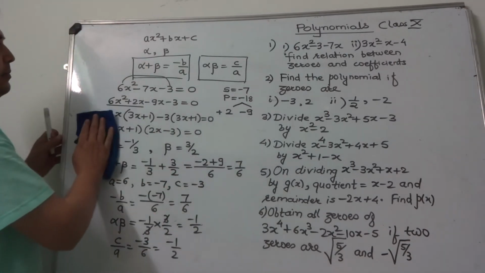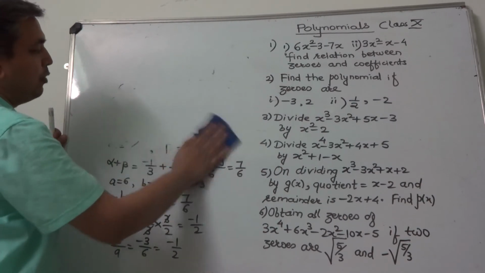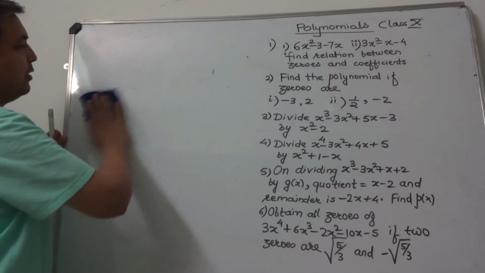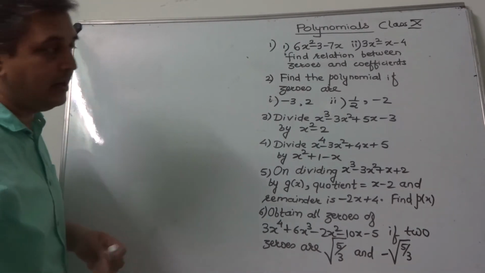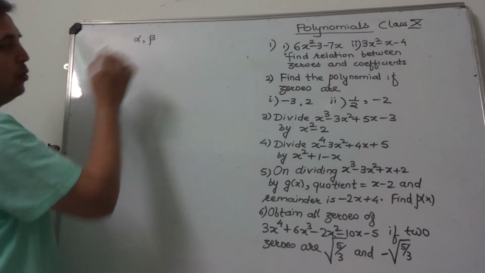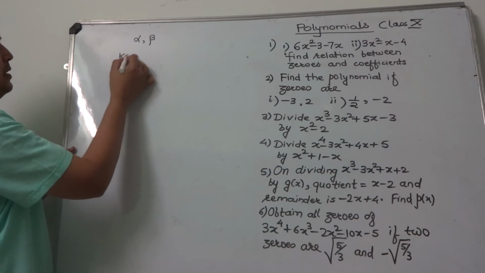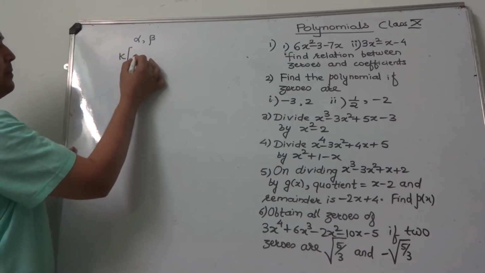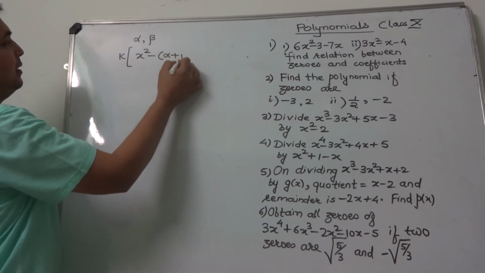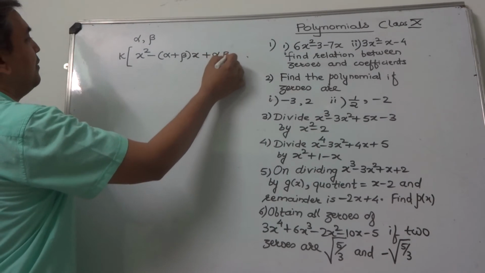Now second question. Again, for this second question we have to learn one formula. If roots of a quadratic polynomial are given, so if alpha and beta are the zeros or roots of a polynomial, then the polynomial is k times x square minus alpha plus beta into x plus alpha beta.